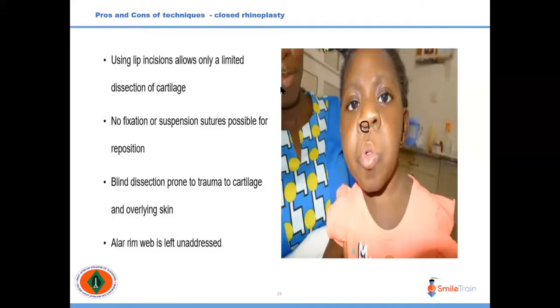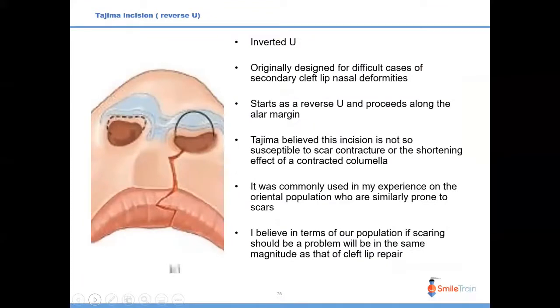You are not able to fix the repositioned cartilage with sutures. This technique is by blind dissection and hence prone to trauma to the cartilage and also buttonholes in the skin. Likewise, the alar rim web is not addressed with the closed rhinoplasty. These are the downsides to the closed rhinoplasty.